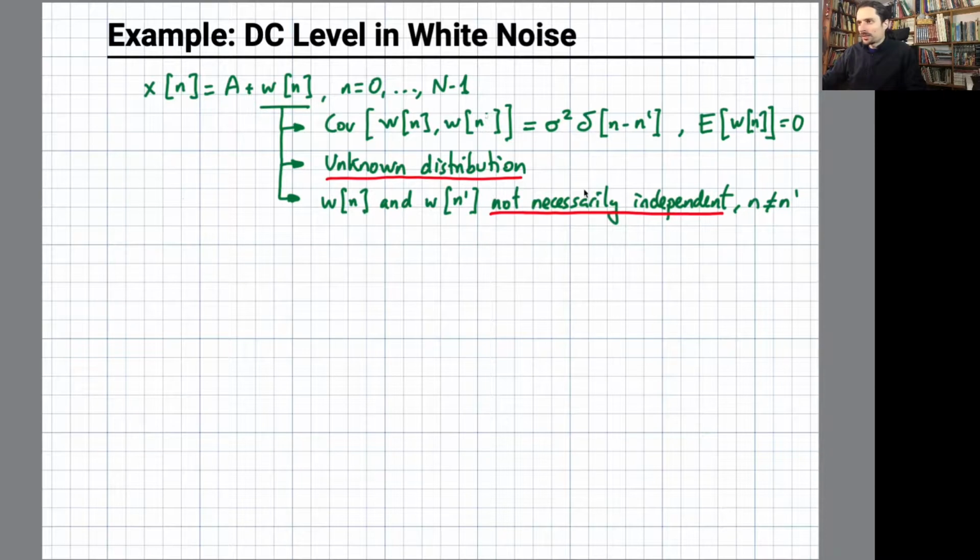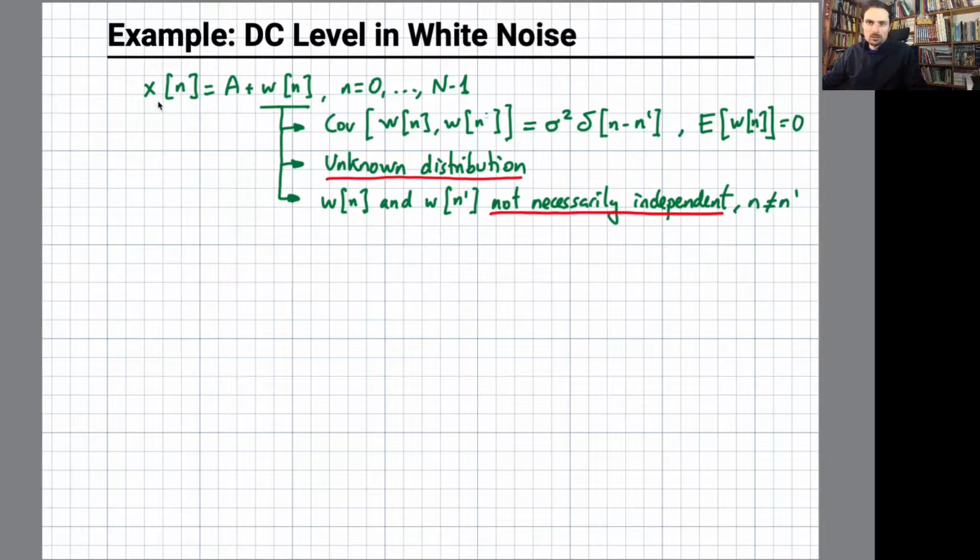So note that this is a more general version of the problem that we have addressed so far. Until now, we assumed that W was Gaussian, and we didn't know how to solve the problem otherwise, right?